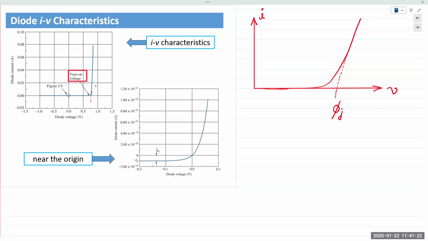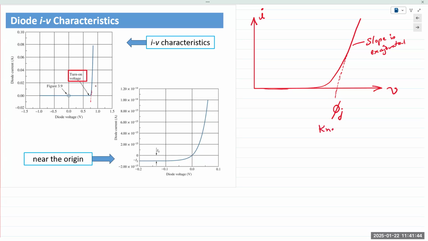It's straight down. This one is just an exaggeration of the slope. This is the turn-on voltage.